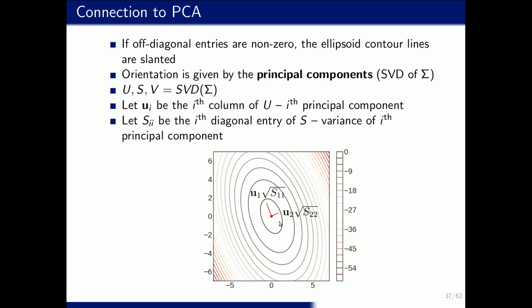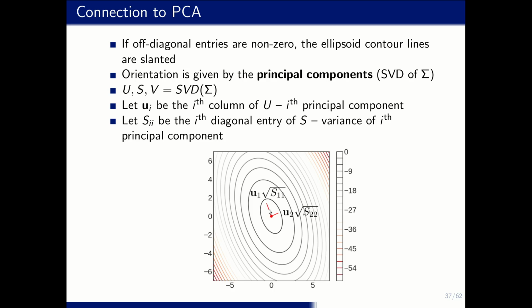So we can draw this. If we have this Gaussian with a particular covariance sigma, we can now visualize the principal components. We just need to take U1 times the square root of S11. S11 is the variance along this direction, and the square root is the standard deviation.